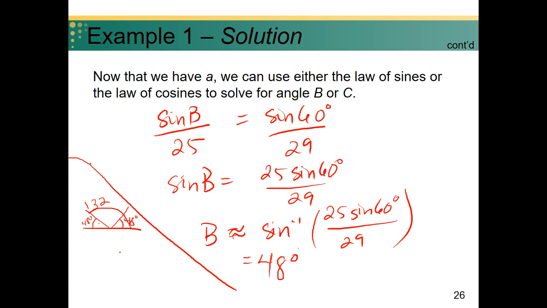If I said, okay, well, maybe B's 132, the problem is that A plus B is 60 plus 132 is 192, which is more than a triangle.